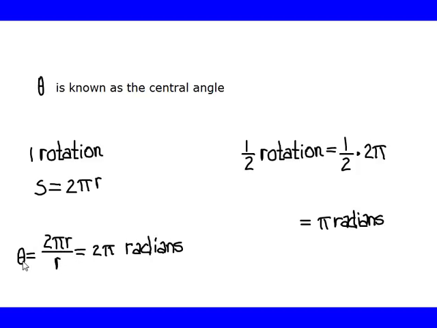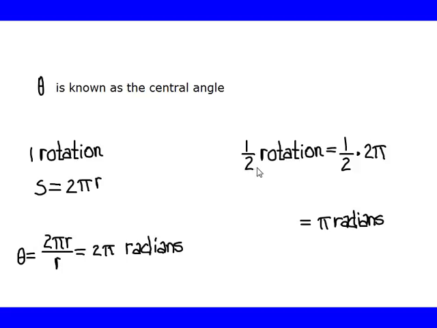The measure of angle theta in radians is 2 pi radians, because the r's divide out. So one full rotation around the circle is the equivalent of 2 pi radians.